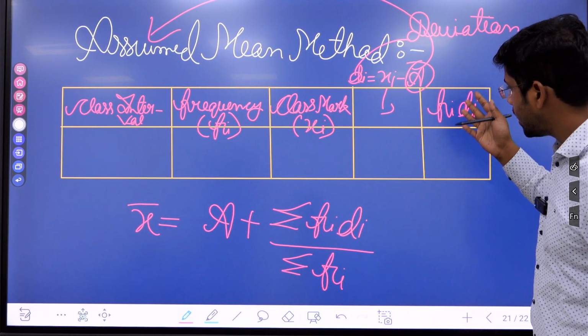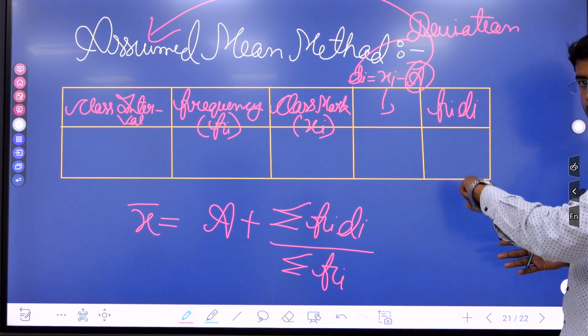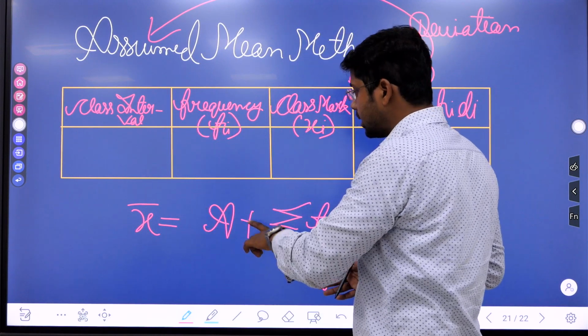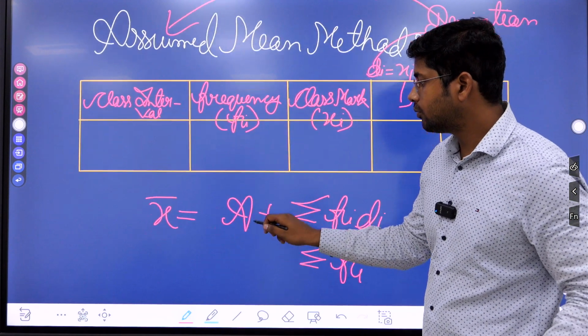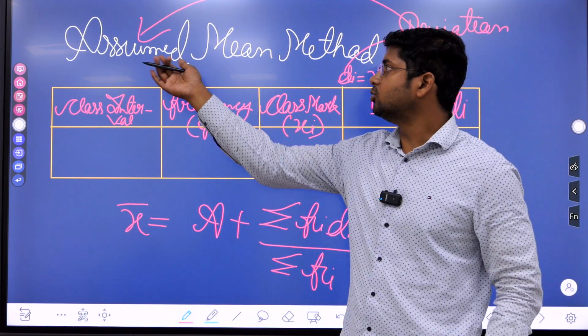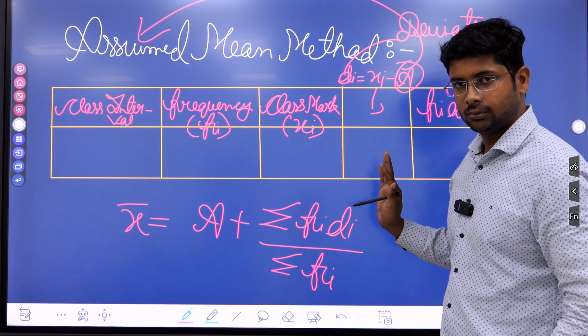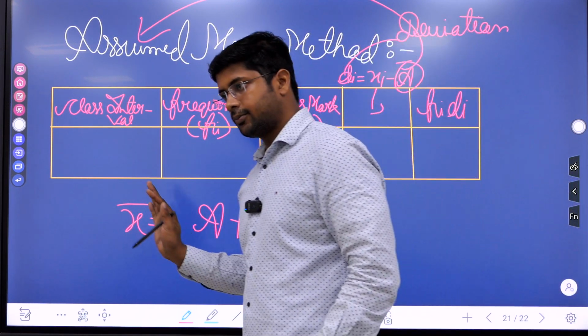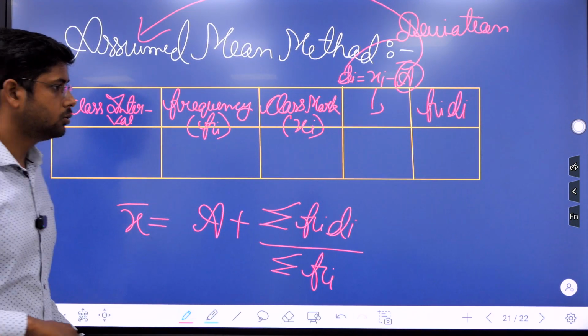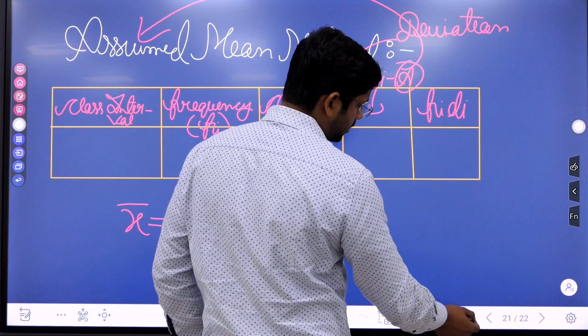You add summation of fi di and summation of fi, and divide, and you get the assumed mean method. Clear? Any doubt?